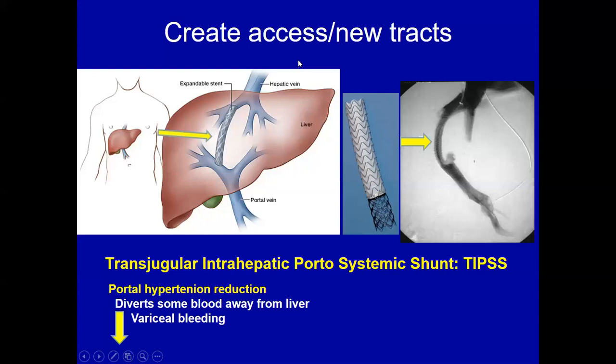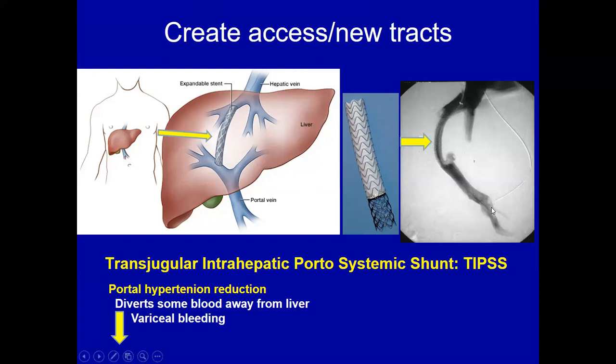So in people with portal hypertension, we can create an access: we go from the neck, through the heart, through the hepatic vein. Then we put a needle, we puncture through the liver, then we puncture the portal vein. And after that, we put this stent, from the hepatic vein to the portal vein.